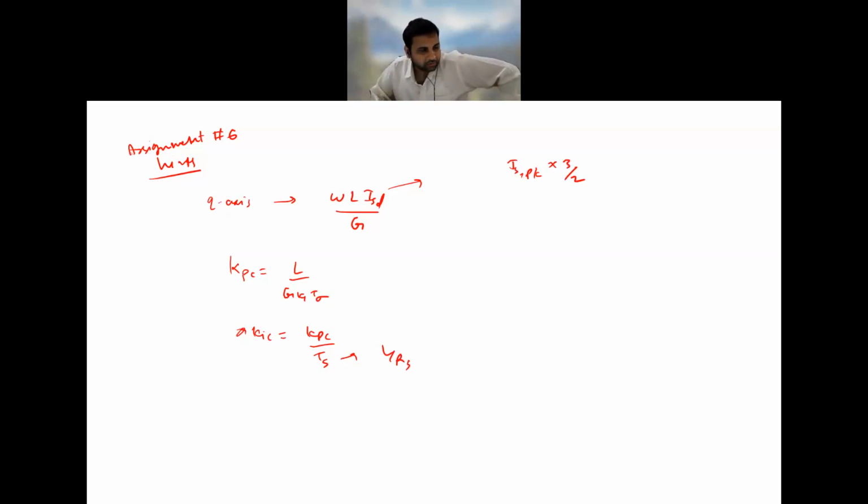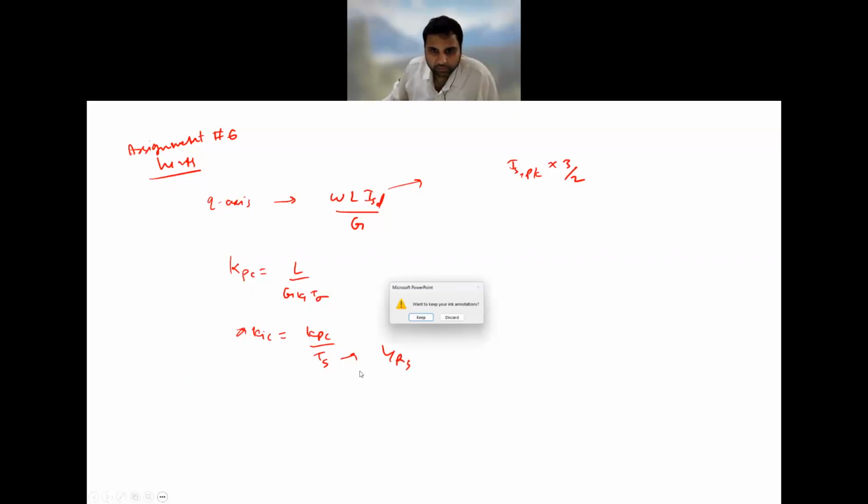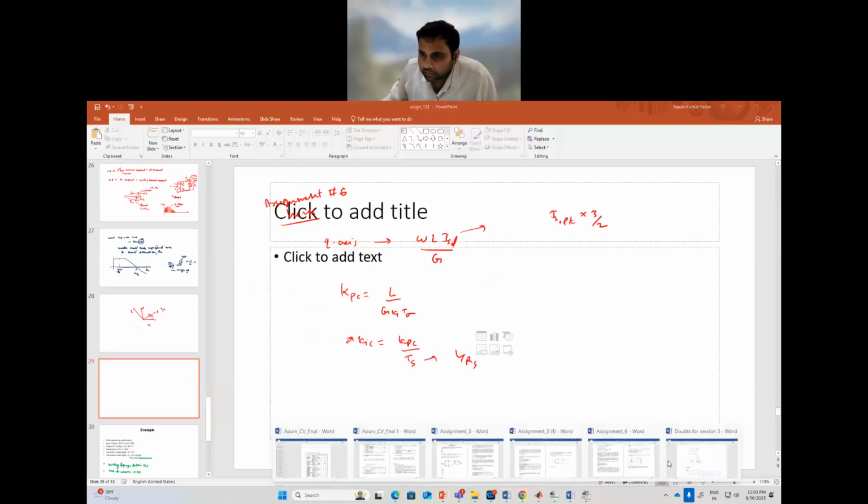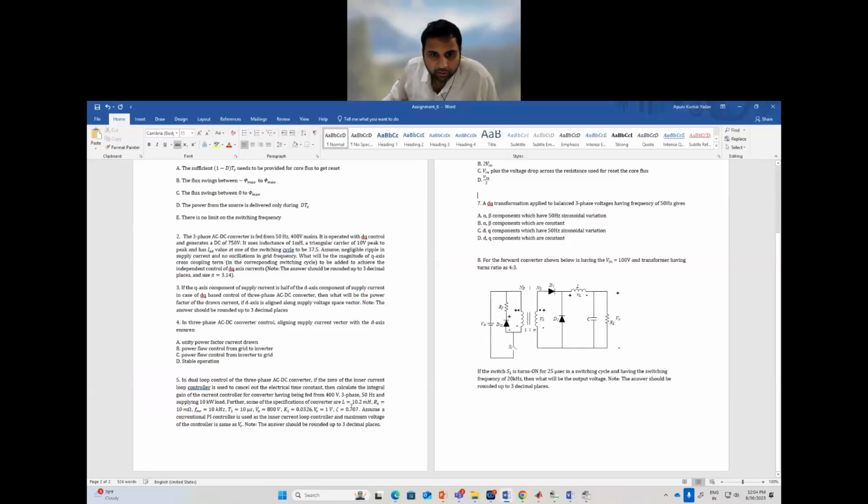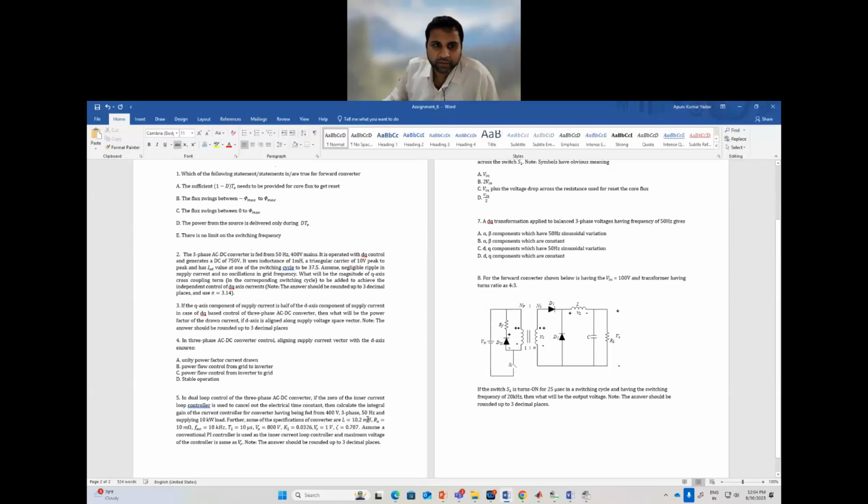L value you can calculate from the question, and the Rs value will also be given. If I look at the question, I think all the information is given, L value, Rs value. I think it is a straightforward question. You can just put it in and you will see that.